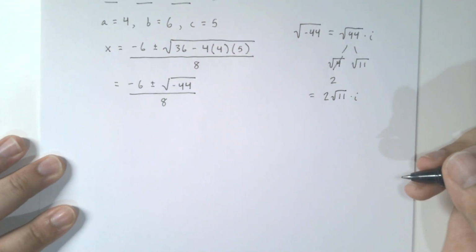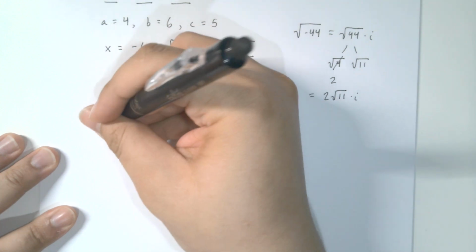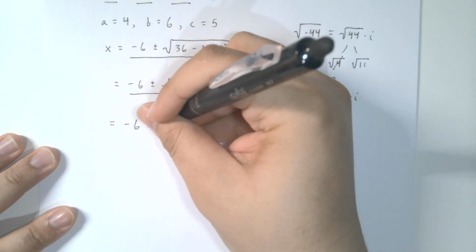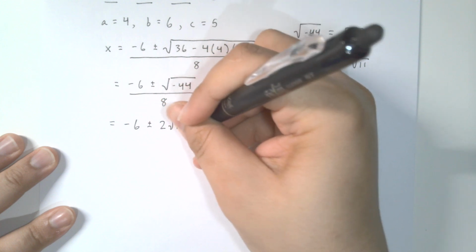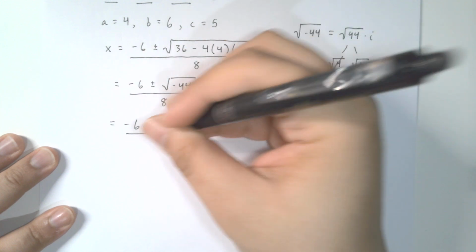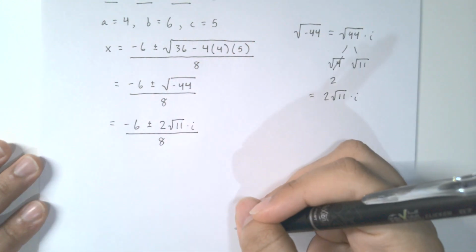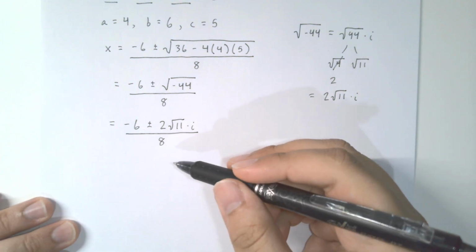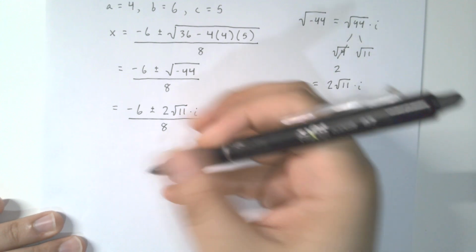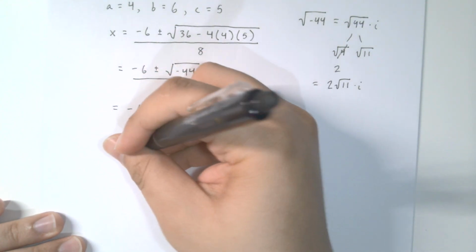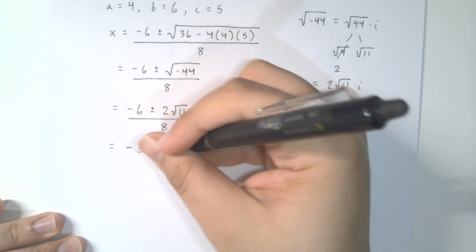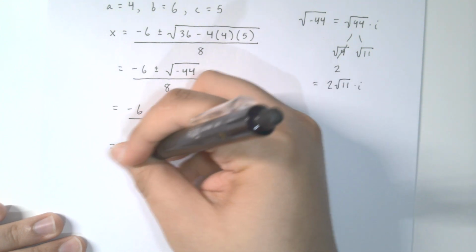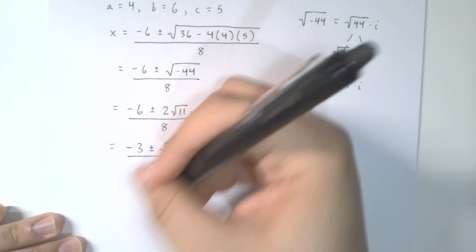So replacing our square root of negative 44, we have negative 6 plus or minus 2 square root of 11 times i all over 8. 6, 2, and 8 are all divisible by 2. And so we get negative 3 plus or minus square root of 11 times i all over 4.